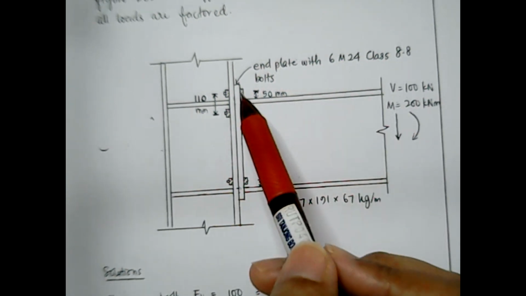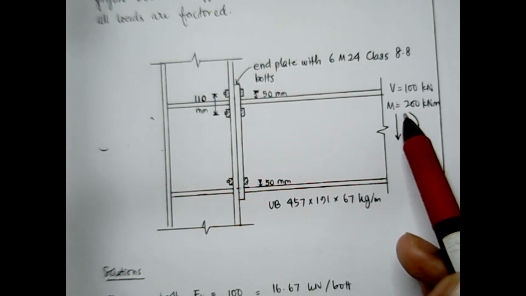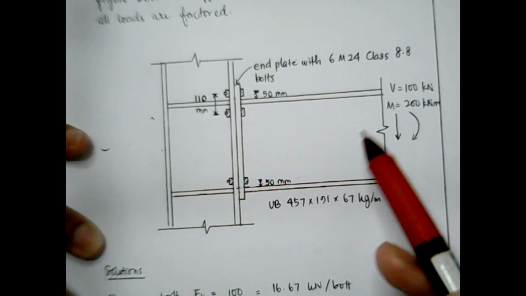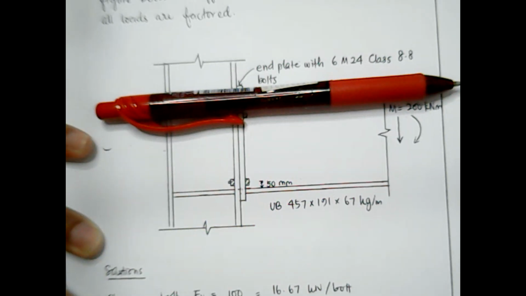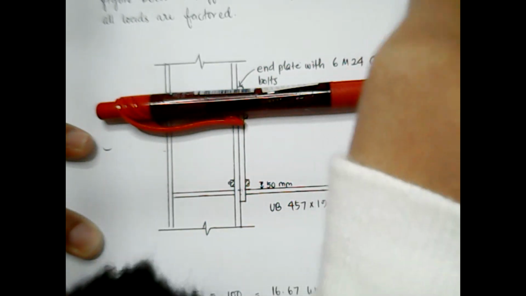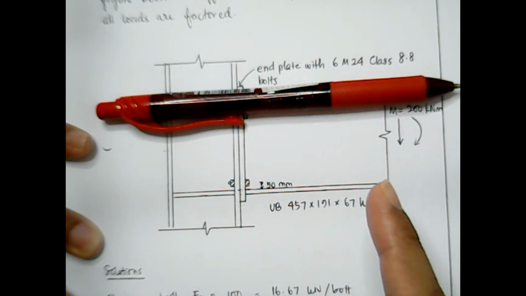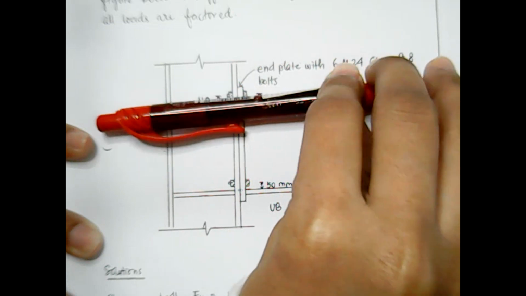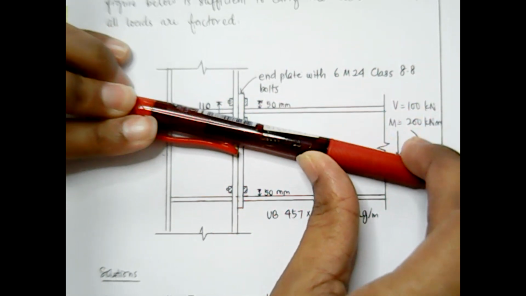But definitely there will be tension at this particular point, because when you have this moment, let's say imagine this is your bolt, and there is a moment in this particular direction. So this moment will cause the bolt to twist down here.